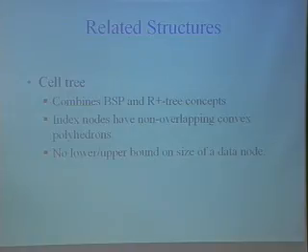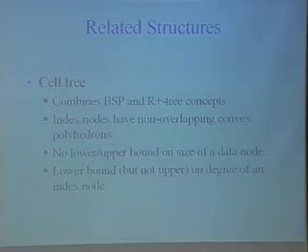As far as leaves go, they don't enforce any lower and upper bounds. When you're not going to allow overlap of MBRs, you really can't have an upper bound on the capacity of a leaf node, because you may have a large number of rectangles that overlap and cover the same point. But they do enforce a lower bound on the degree of an index node, so you can't get a degenerate version here.